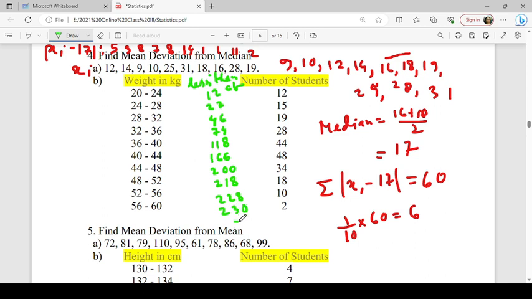So this is n, and n by 2 is equal to 115. So C will be where 115 lies. 115 is less than this, so this is C. So we find this C is this.